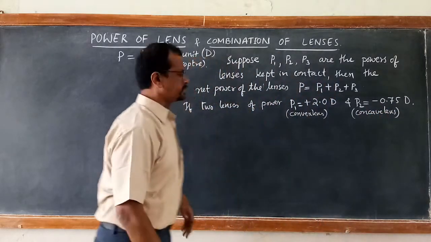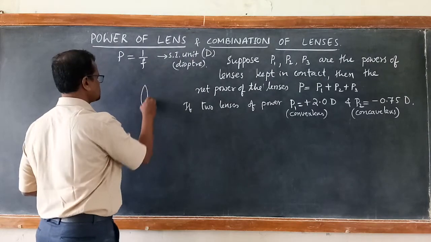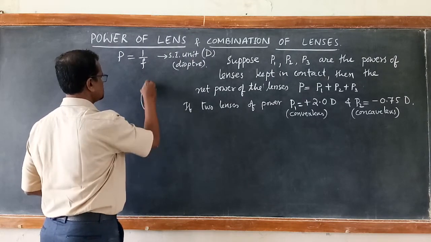When such a combination takes place, it acts like one convex lens and another concave lens.